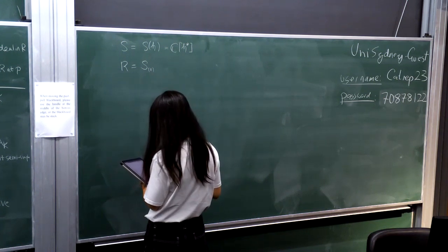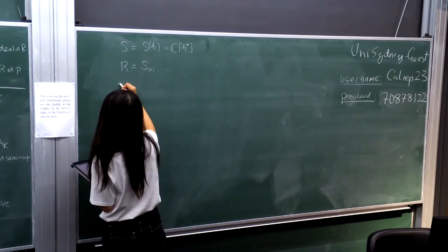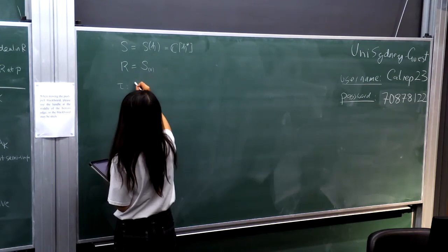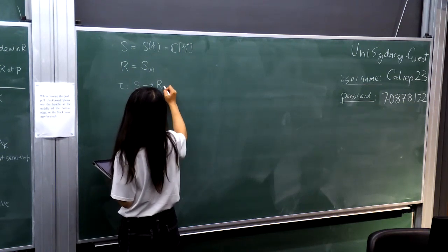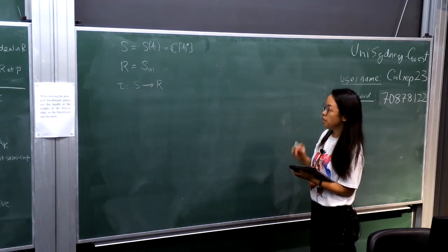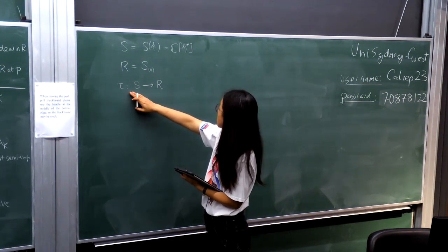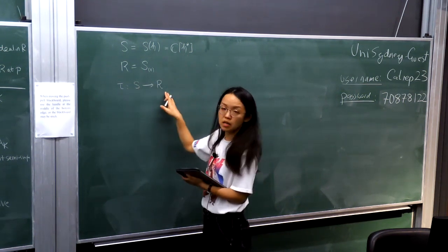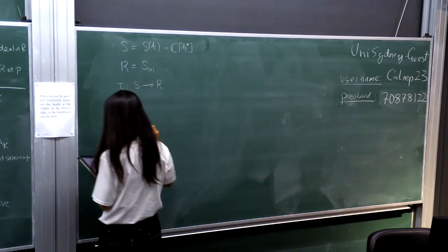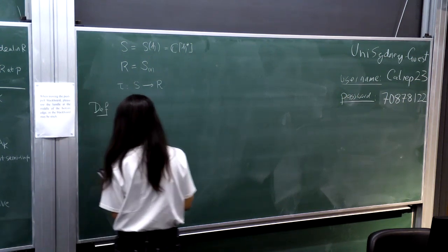And I will denote by tau just the natural map from S to R, given that it's the localization map. But given tau, I can view tau as functions on H star with values in R. And now the definition of the deformed category is the following.